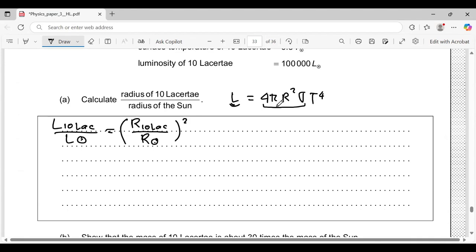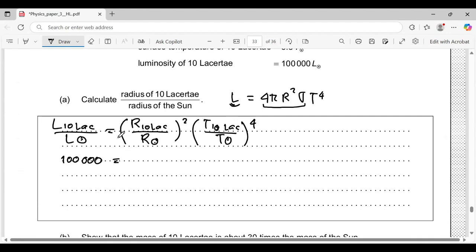Okay, and then after that, for each part T to the power 4 becomes temperature of Tentacle T over temperature of the sun to the power 4. The value on the left is 100,000 according to the information.